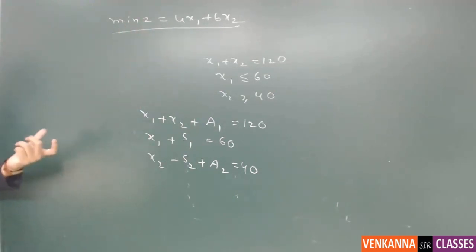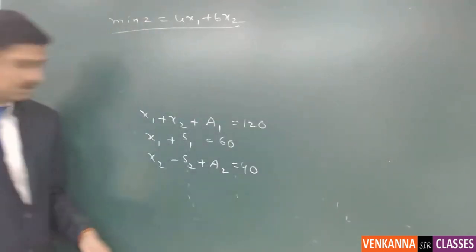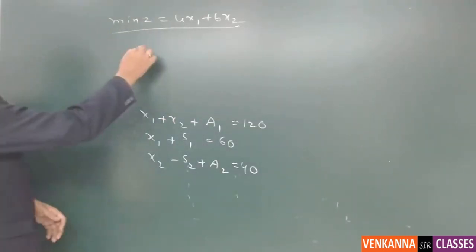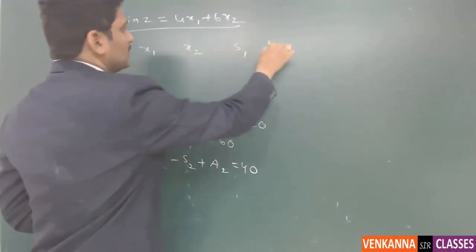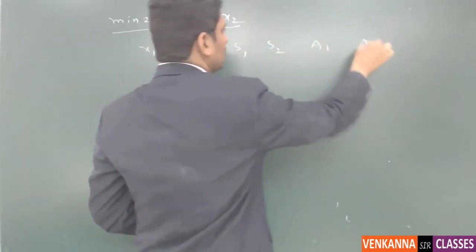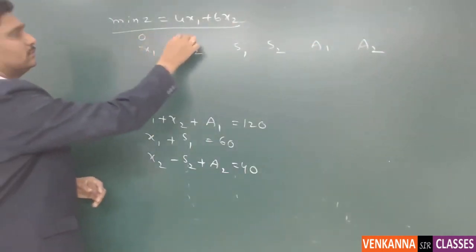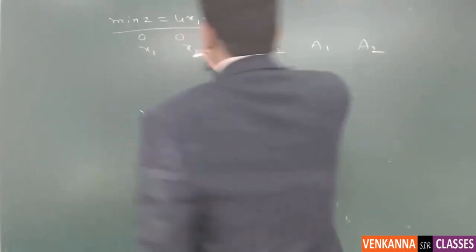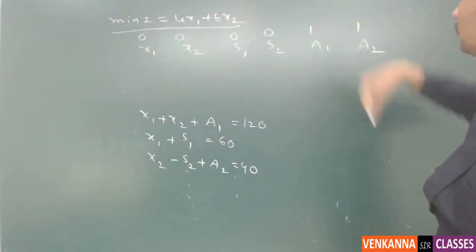So if you fill the table, it is going to come as x1, x2, s1, s2, a1, a2. So we take all the coefficients as 0. If you take the objective function as it is, the artificial variables will be 1, 1.